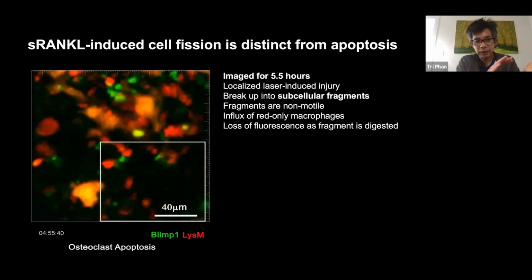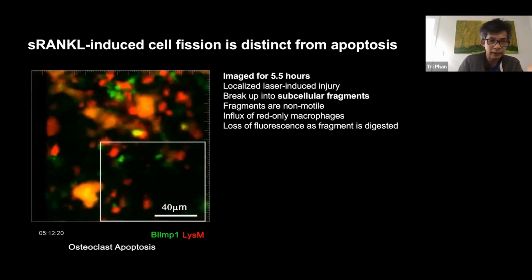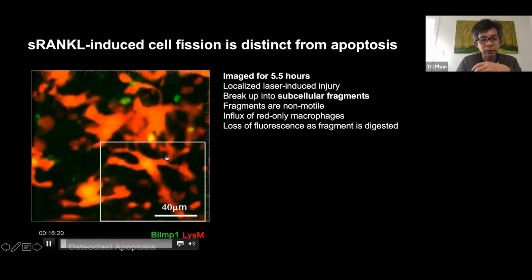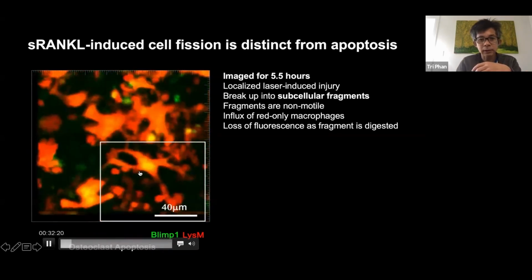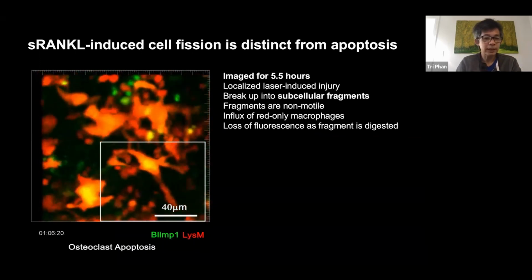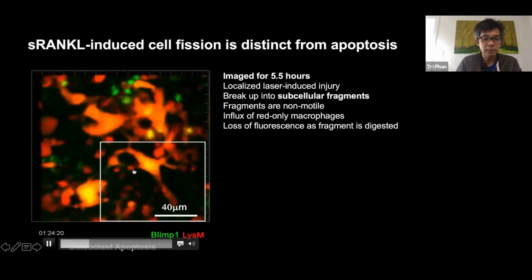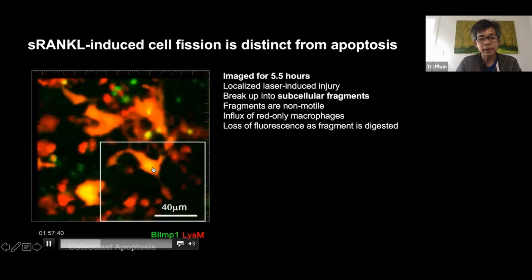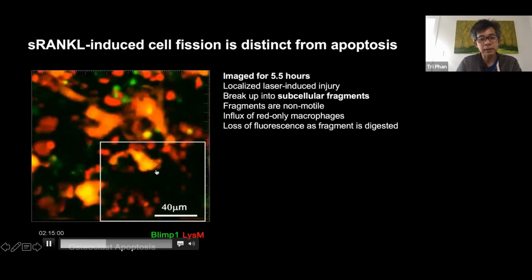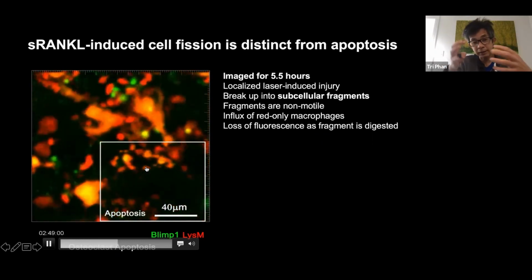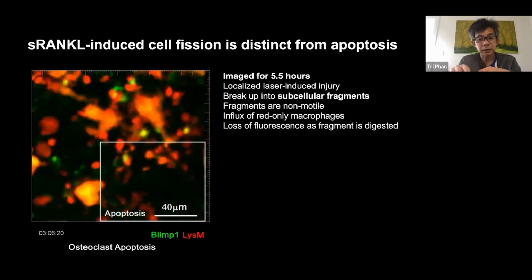We've kept the green channel on this time just to highlight these red macrophages that have come into the picture. So, for example, if you just focus on this cell here, as it starts to undergo apoptosis and die, it starts breaking up into smaller fragments. These macrophages come in and start interacting with it. And the key difference is that the fluorescence completely disappears over time, as presumably the fragments are ingested and degraded by these macrophages.